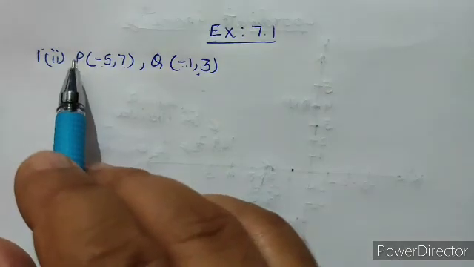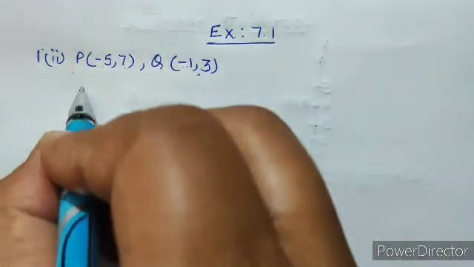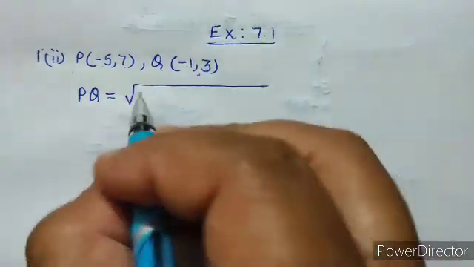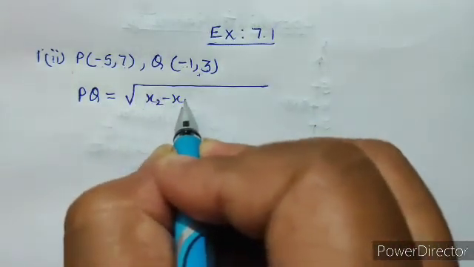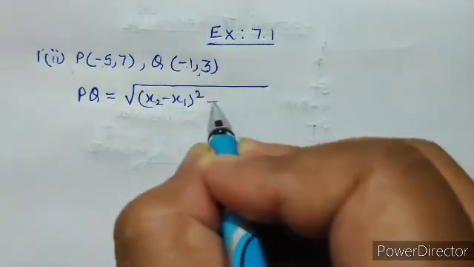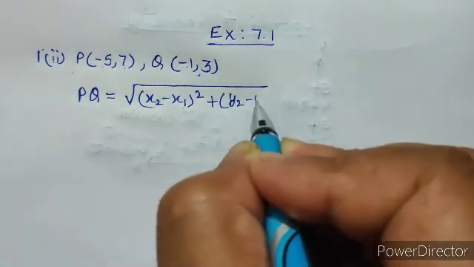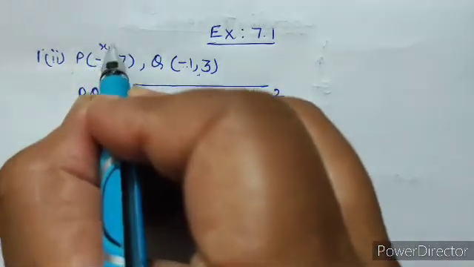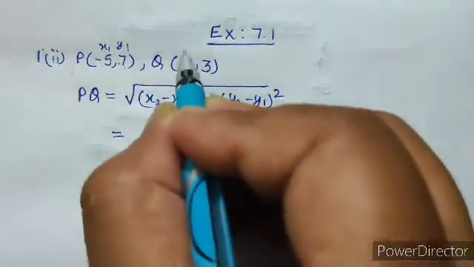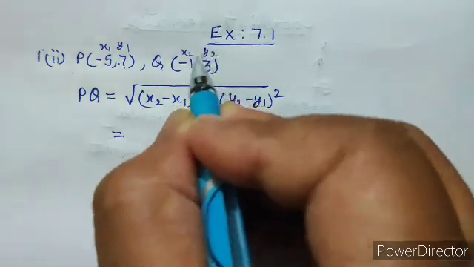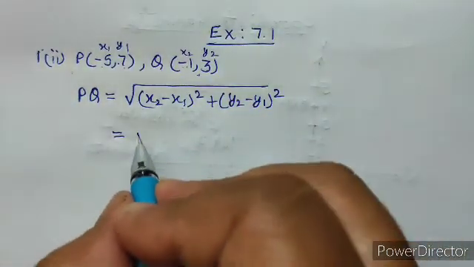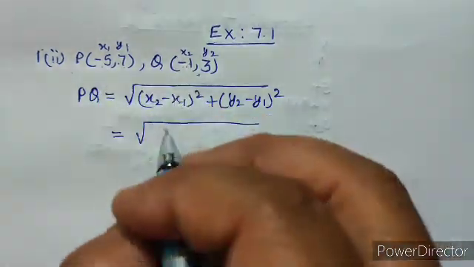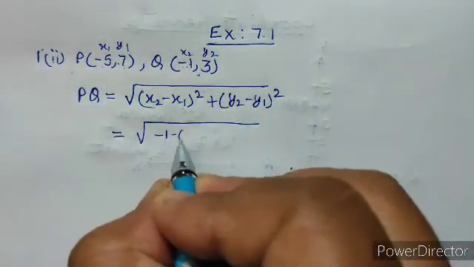I have taken the points as P and Q. So the distance between P and Q will be given by PQ equal to root of (x2 minus x1) whole square plus (y2 minus y1) whole square, and here x1, y1 are the coordinates of P and x2, y2 are the coordinates of Q.